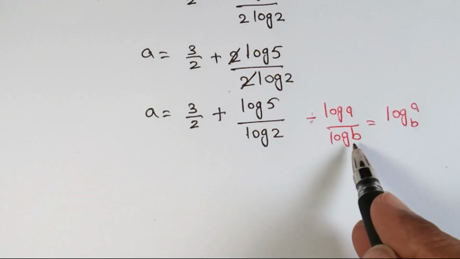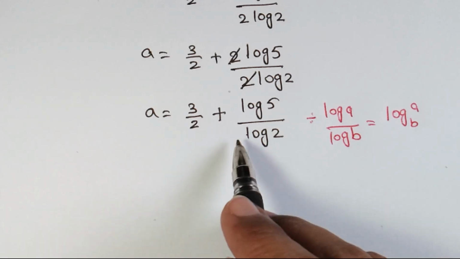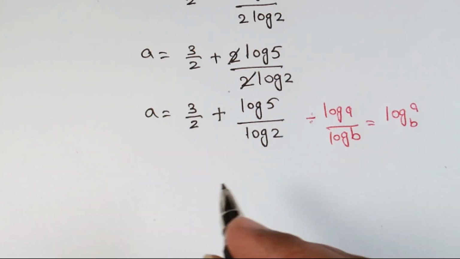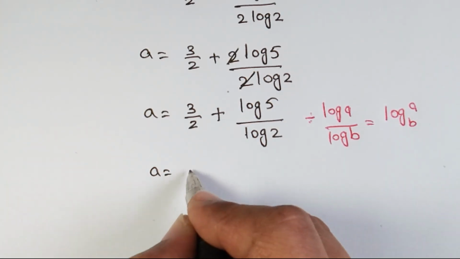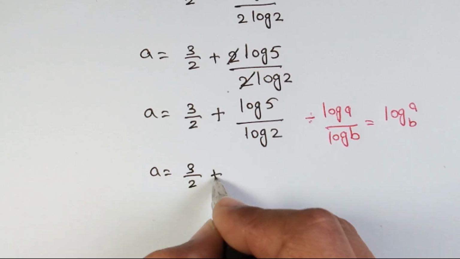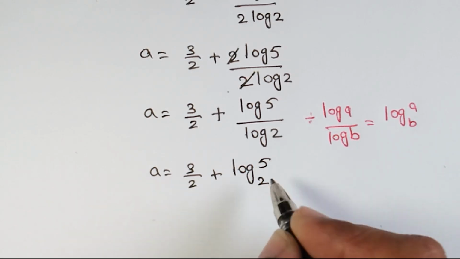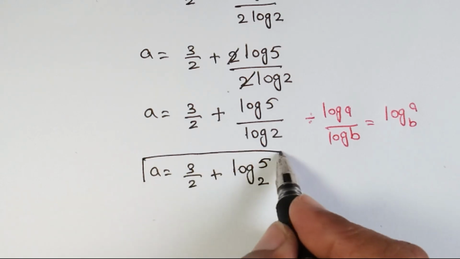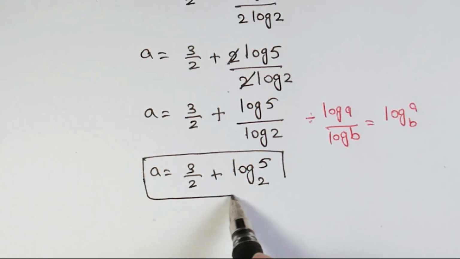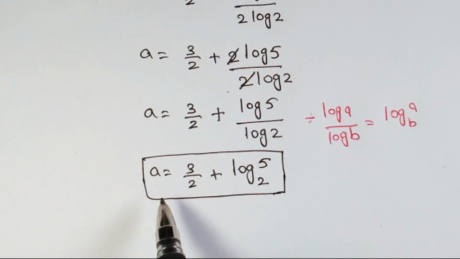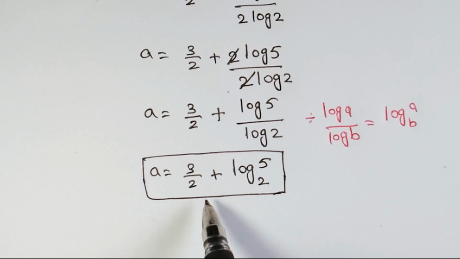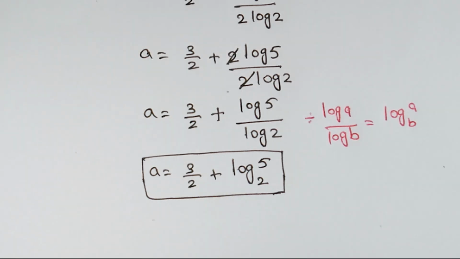So now we will apply this logarithm law on this part of the expression, and we have a is equal to 3 over 2 plus log of 5 with base 2. So this is the value of a, but we will check whether it is correct or not. For this we will verify it. So let's do it.